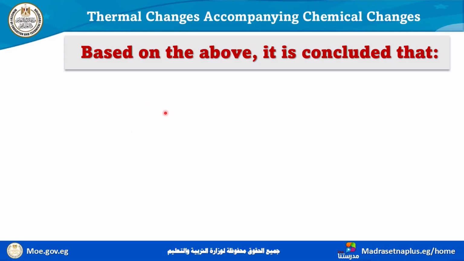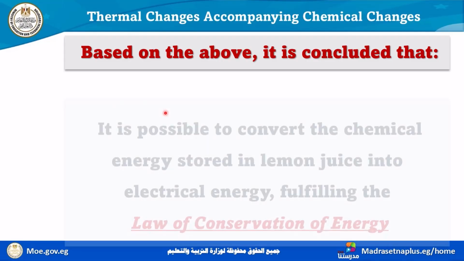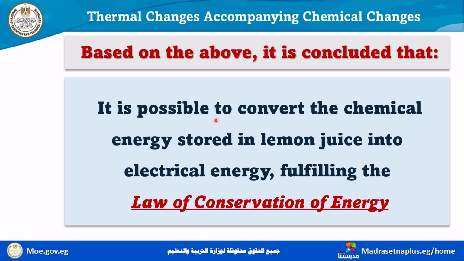Based on the above, it is concluded that it's possible to convert the chemical energy stored in lemon juice into electrical energy, and of course this fulfills the law of conservation of energy. So energy cannot be created or destroyed, but it can be changed from one form to another.